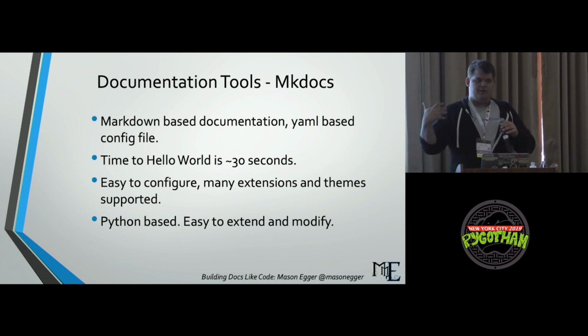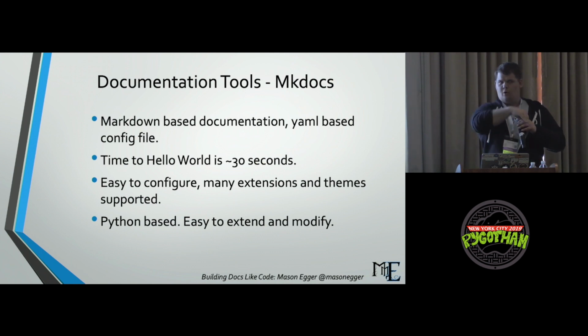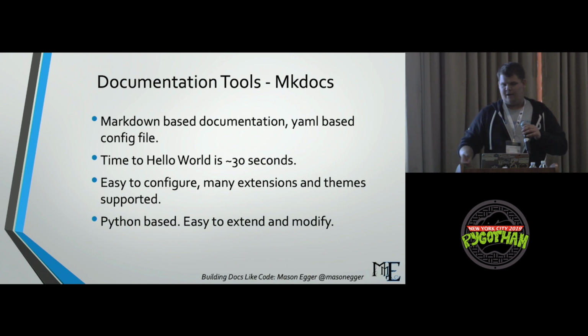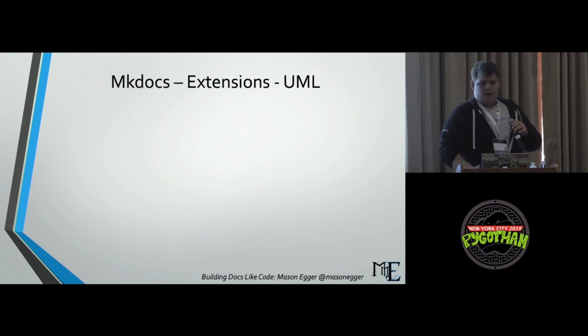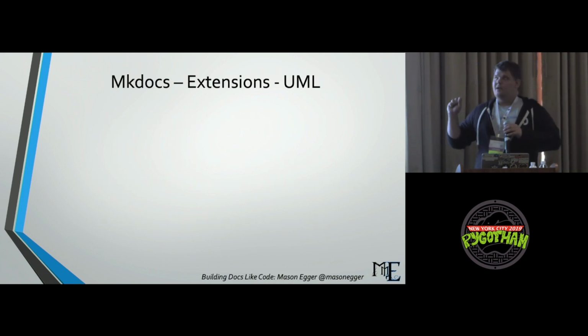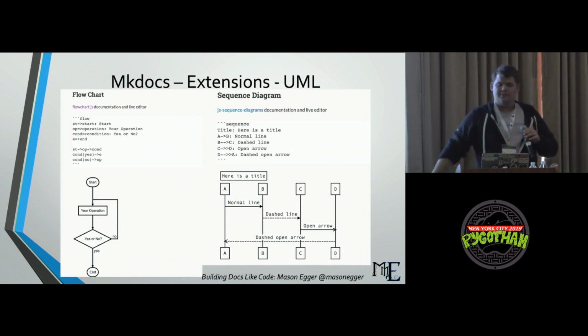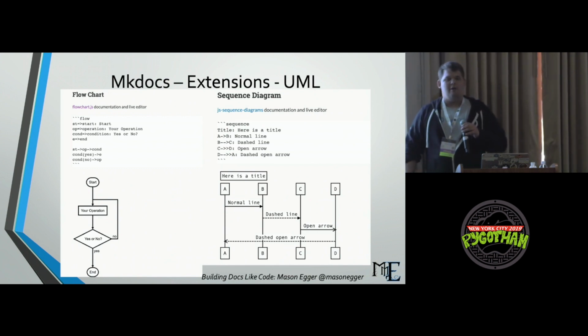If you look at some of my projects on GitHub, they're under a different org, but I'll link to that at the end. You'll see where I've easily just modified it in 20-second modifications. Super awesome. One of the things I really like about it is they've built in a couple of features that allow us to include some JavaScript and something called superfences, which allows me to do markdown extensions for creating UML diagrams in Markdown.